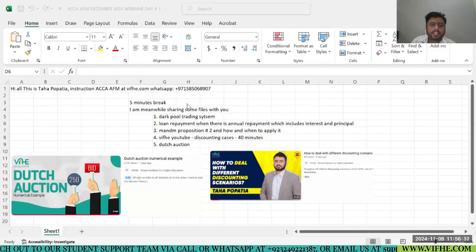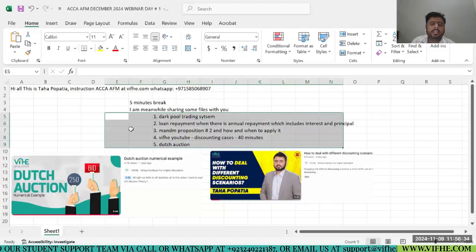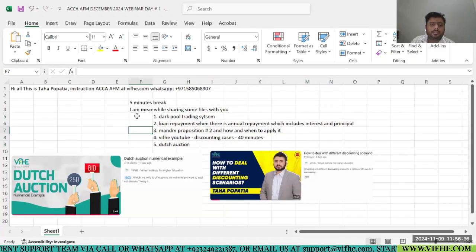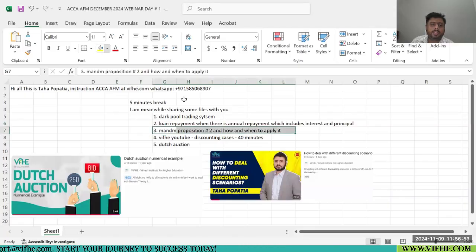These are the 5 points. The first one, dark pool trading system. We discussed it today. We discussed the loan repayment schedule. Obviously, you have the recordings. You can go through the recording and the files again. And this is very important. I believe this is going to be tested. Super important, so be very careful and do it very properly.